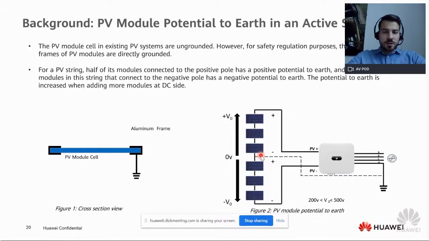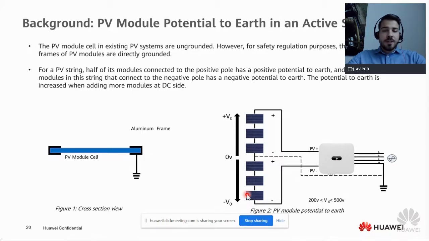Due to the construction and the fundamentals of PV cells, or at least most of the PV cells, there is a problem on the negative side. It means that the closer you are to the negative side, the more you will have this kind of degradation of the cells.